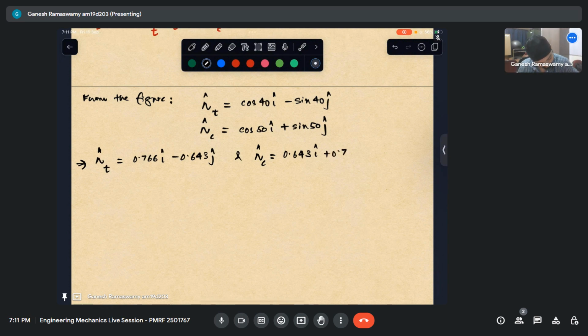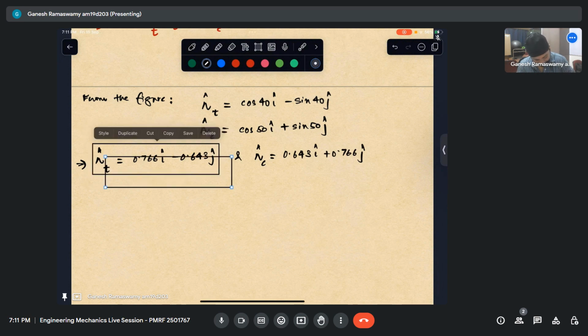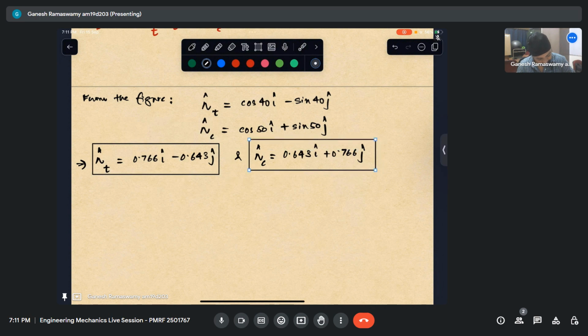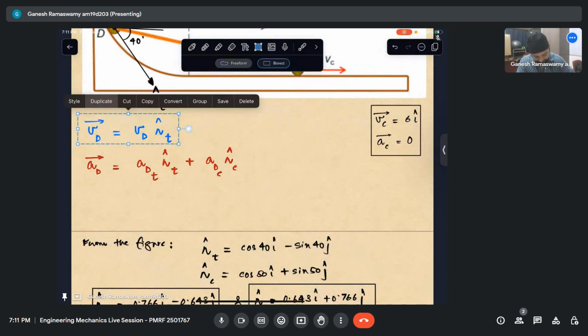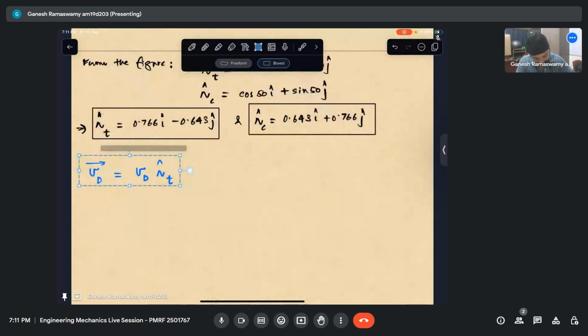So I know these two now. So let me also substitute this and get the values for these. So this will come out to be nt cap, so this is 0.766.